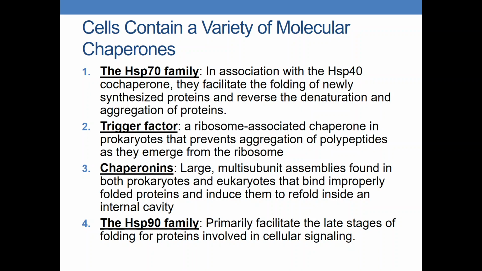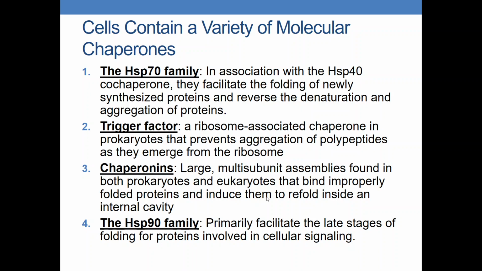They are functionally redundant. So if you delete HSP70, trigger factor can step in and keep things going. If you delete trigger factor but not HSP70, it goes the other way. You just can't get rid of both because they are functionally redundant. They are there to regulate quality control. They are also there to help proteins that are newly synthesized fold. That's what they do.